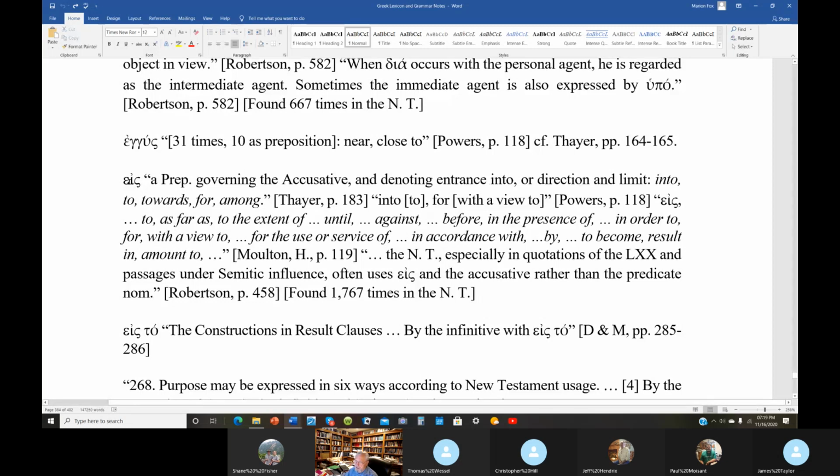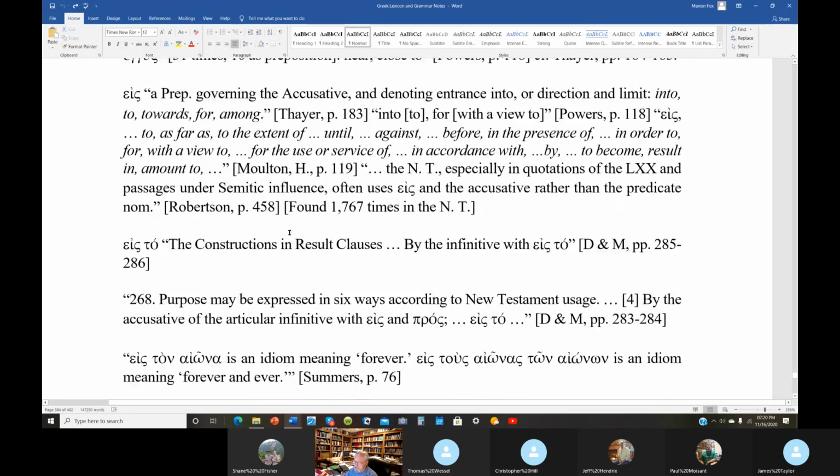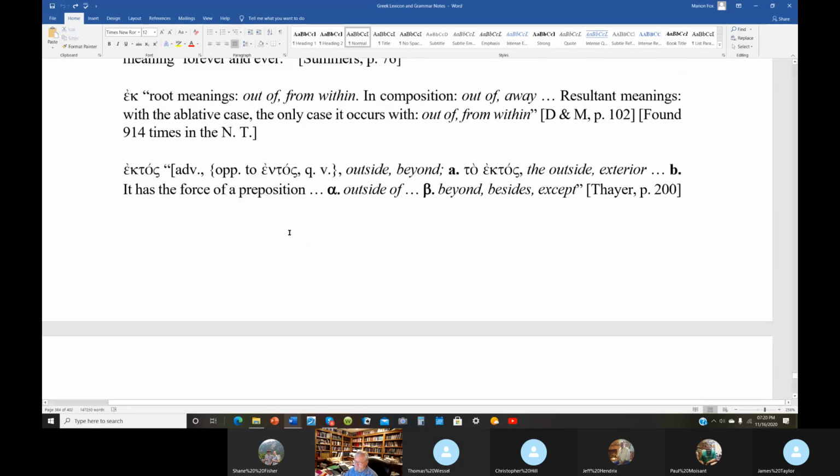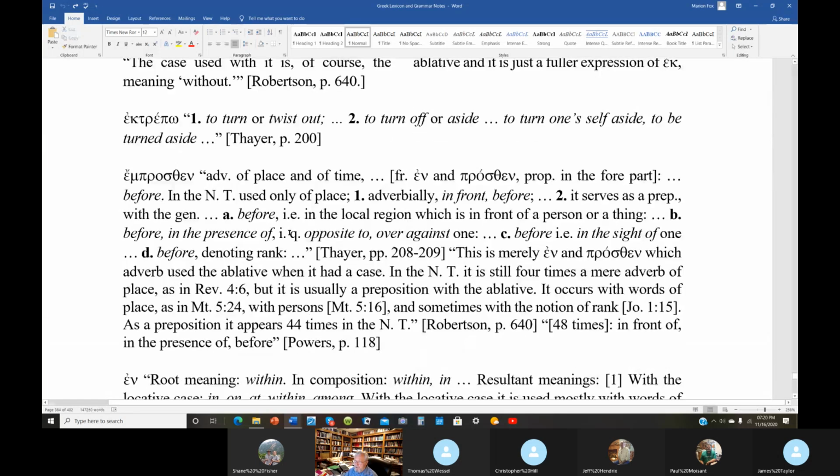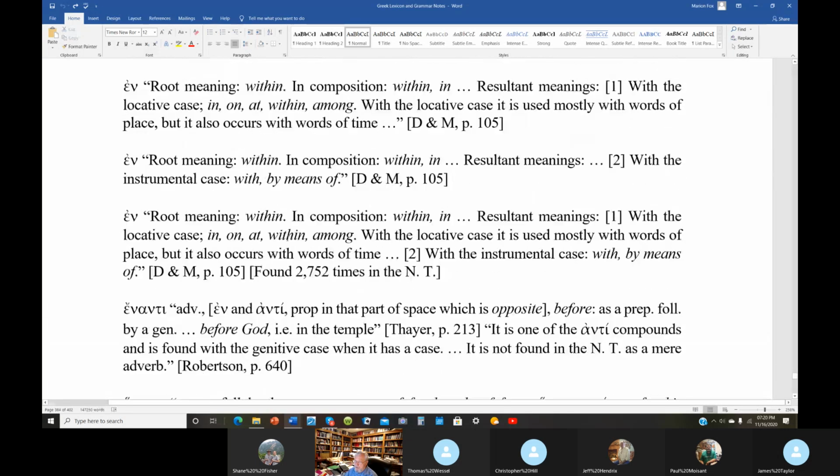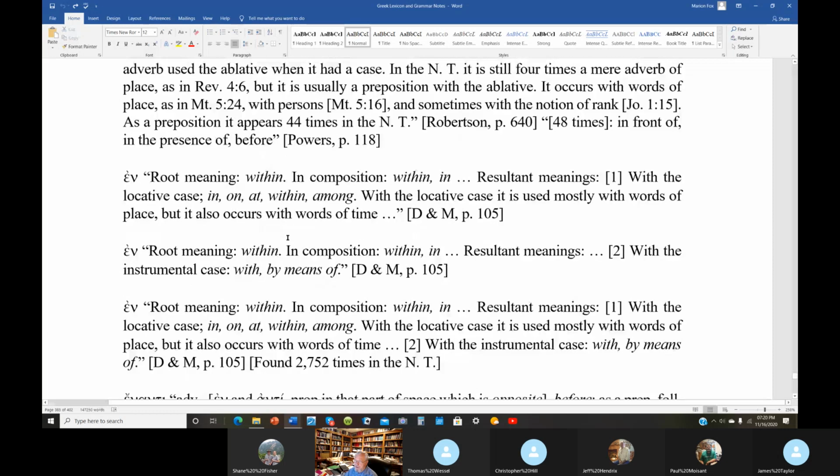But eis, remember that's epsilon iota, like A in rain, ace. And ice, if you pronounce it ice, I'm not going to get upset. A lot of them pronounce it as ice. It goes only with the accusative case. See, it doesn't go with any other cases. Let me come down to another one, en, right here.